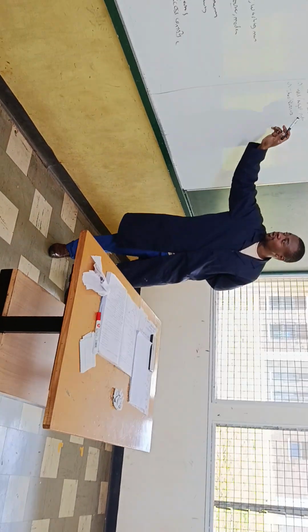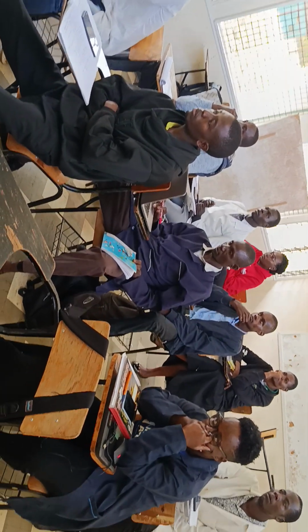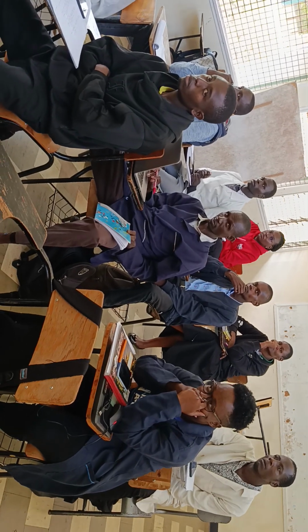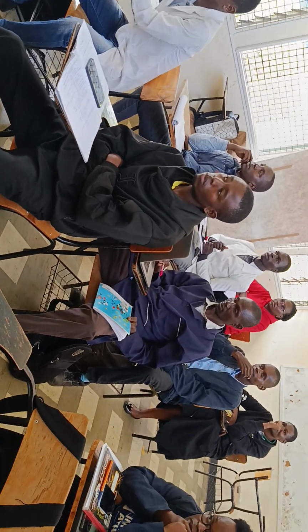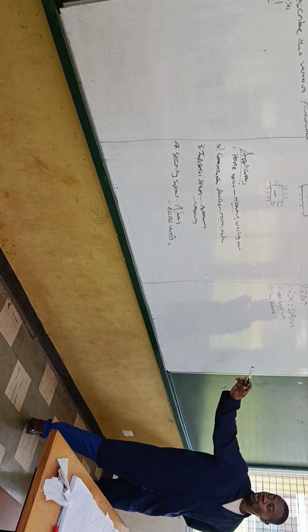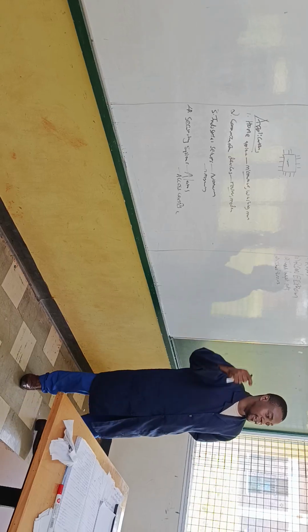And then you have input and output ports. This one allows you to connect your microcontroller to various input devices and output devices. And then the last one, timers and counters. They enable you to time your microcontroller or give it a particular count.